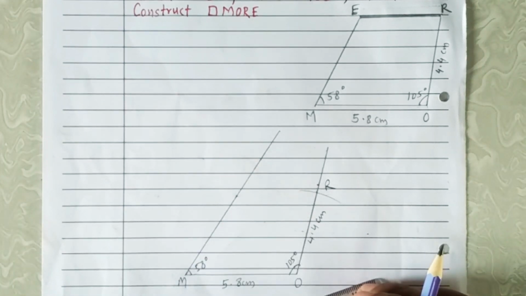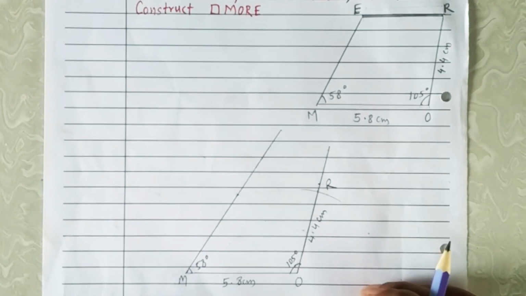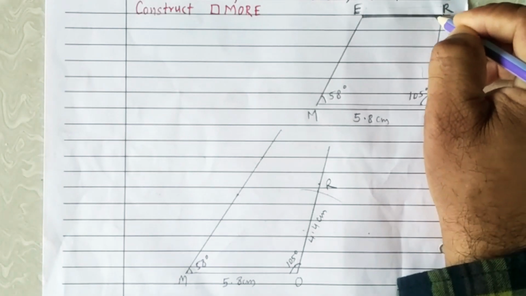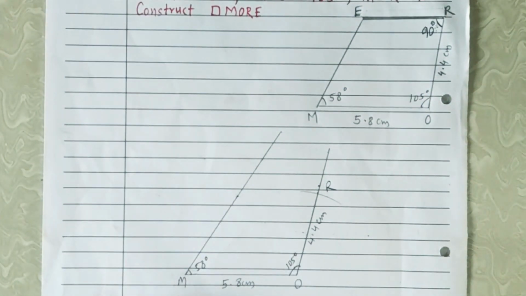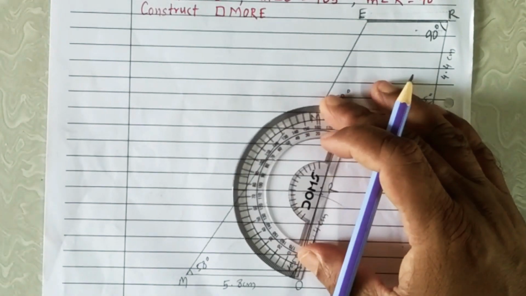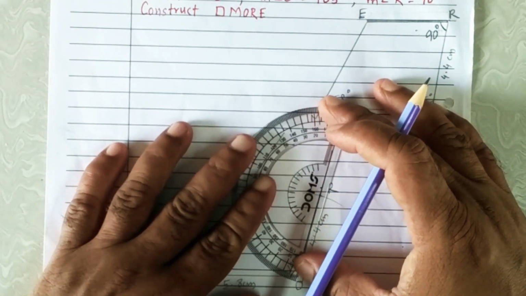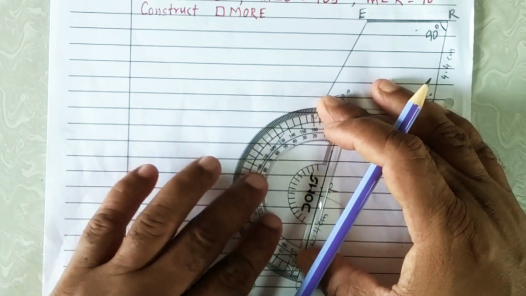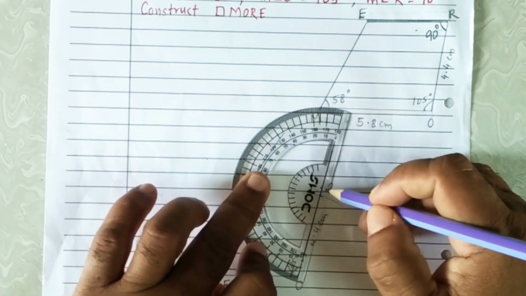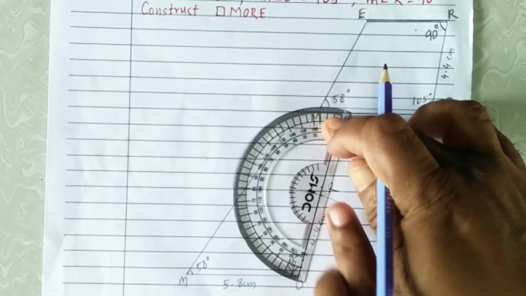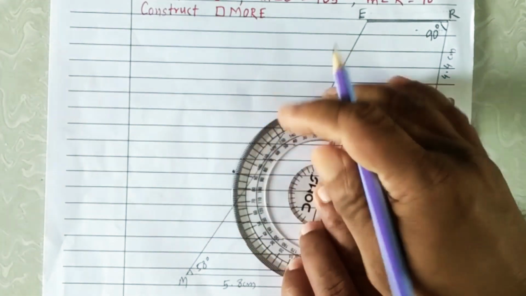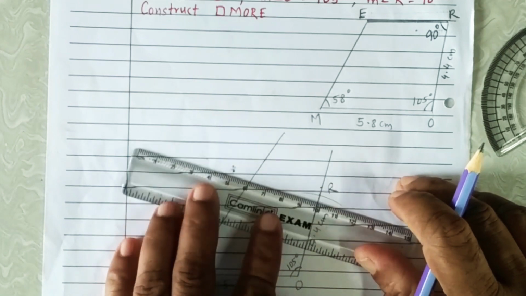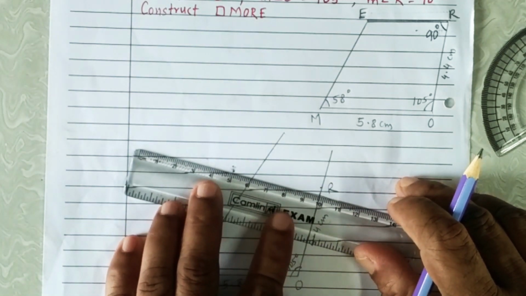Now join. Angle R is equal to 90 degree. So with the help of protractor again, keep the base of the protractor along the line OR and mark the 90 degree angle and join it.